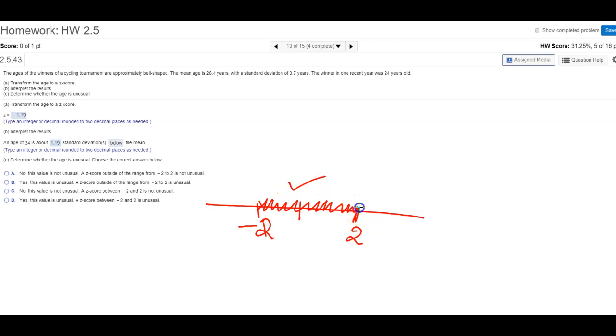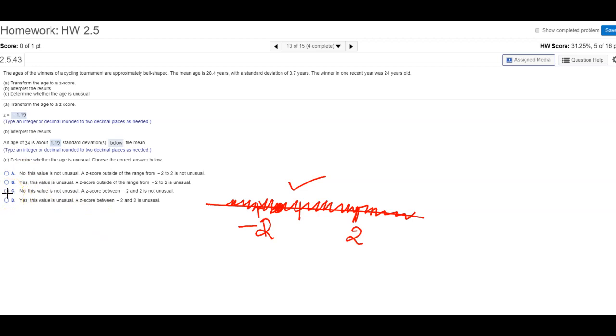If you're above +2 or below -2, then it's unusual. But in this case, -1.19 is somewhere here, so it's not unusual. So no, this is not unusual.